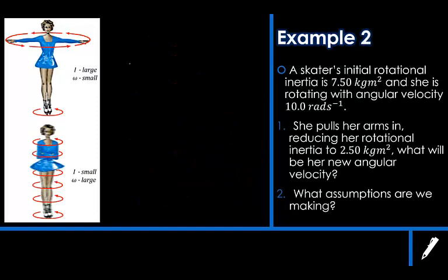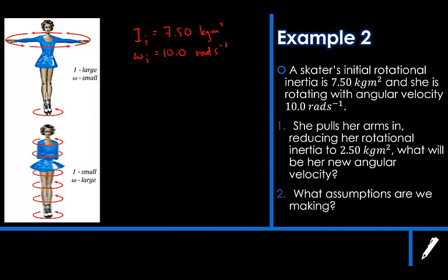Okay, so then we'll look at an example using some numbers here. So we're told here that the skater's initial rotational inertia is 7.5 kilogram meters squared. So we can say I initial is 7.50 kilogram meters squared. And we're also given that omega I is equal to 10.0 radians per second.